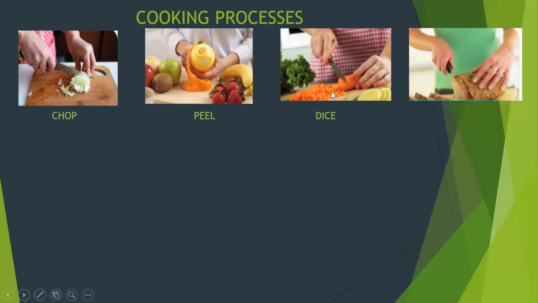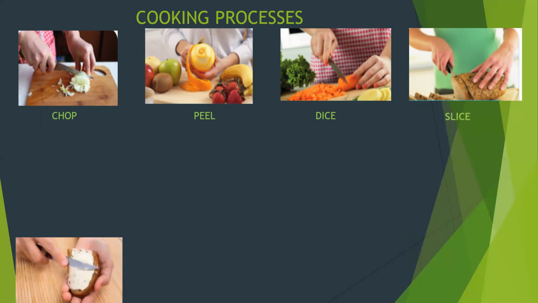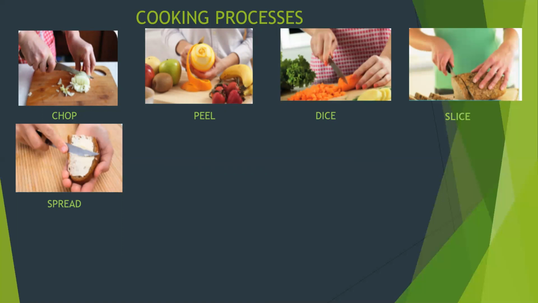And slice, a flat piece of food that has been cut from a larger piece, a slice of bread, as you see in the picture. And spread, to move a soft substance across a surface so that it covers it. Shortly, we can say put something on a surface.